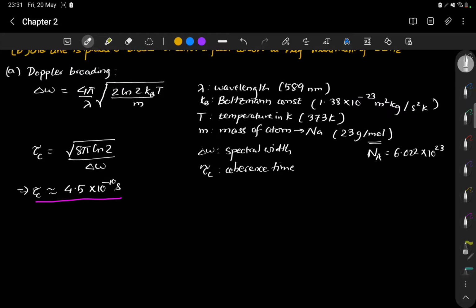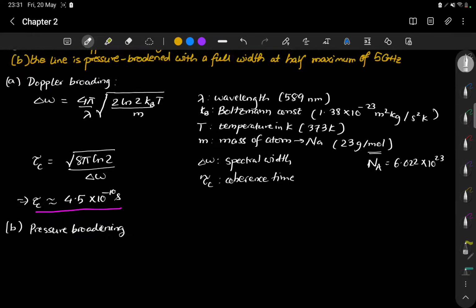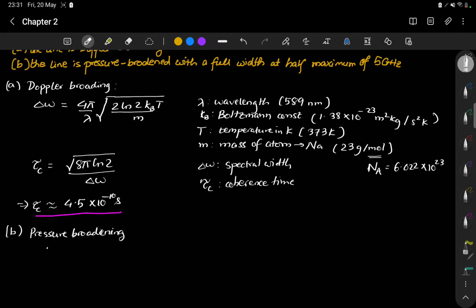Next part is for pressure broadening. In the case of pressure broadening, we have been given that the full width at half maximum is 5 gigahertz. This is nothing but the frequency width.